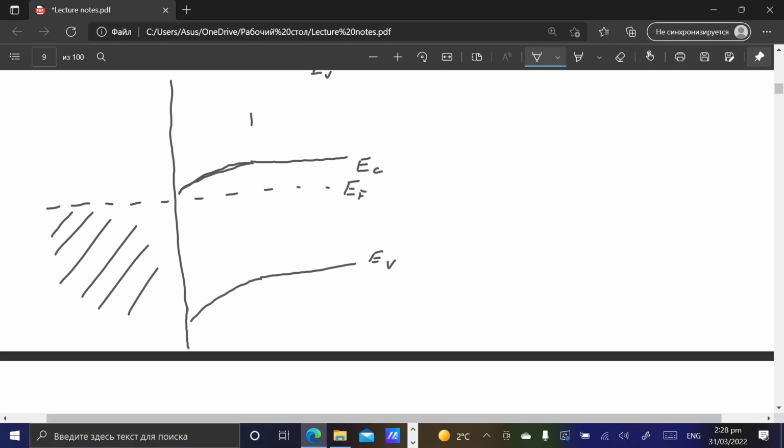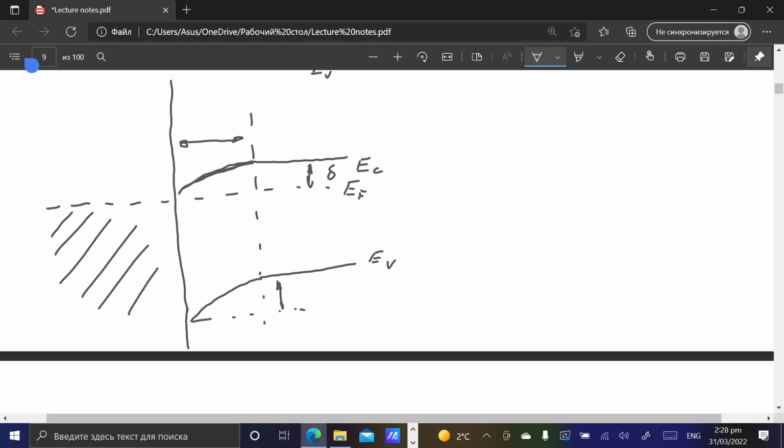So this is the region of the space charge. Now, this gap in the neutral region between the bottom of the conduction band and Fermi energy is delta, and here we can show it.